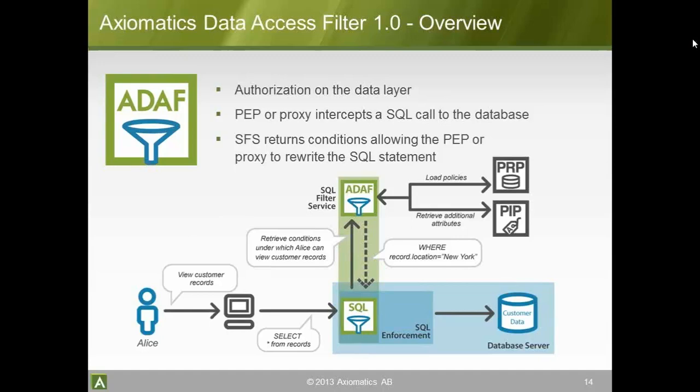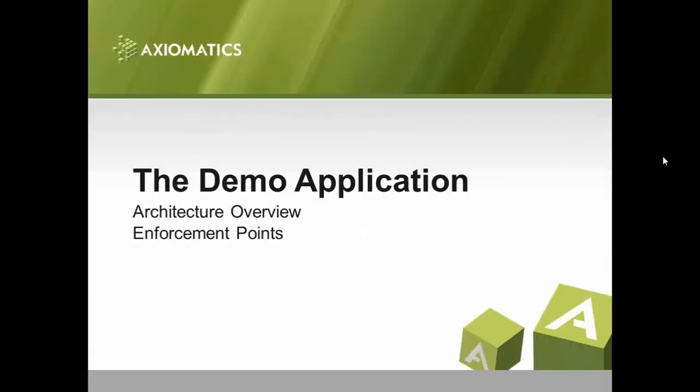It makes a call to the ADAF filter service, where it examines policies and other metadata about the user or about the resource and dynamically generates a where clause that gets appended to the SQL statement. Then the ADAF system gets out of the way, the SQL statement executes, and now the data that's returned to the user is only the data that they're authorized to access. On to the demo. Thanks, Gerry.